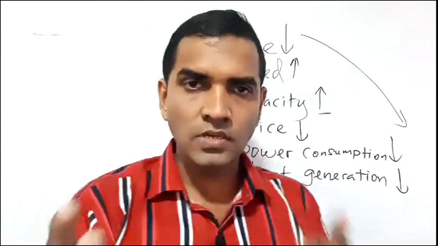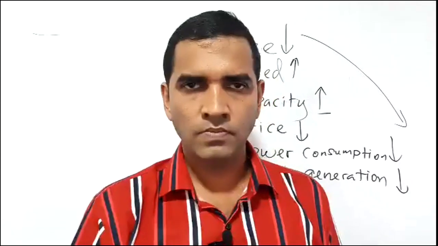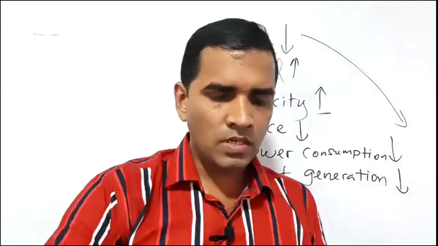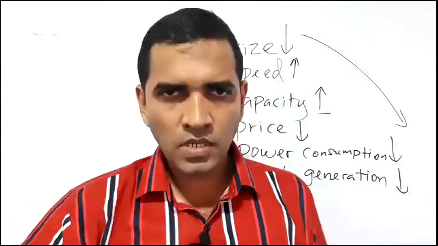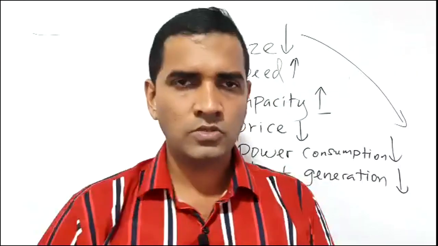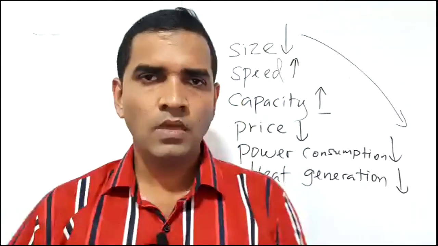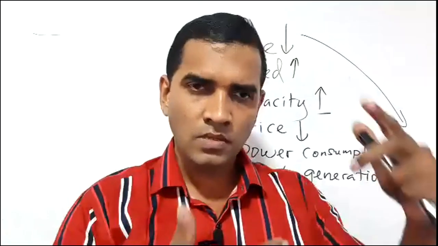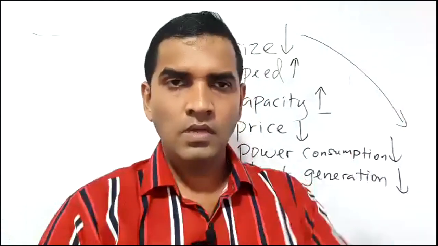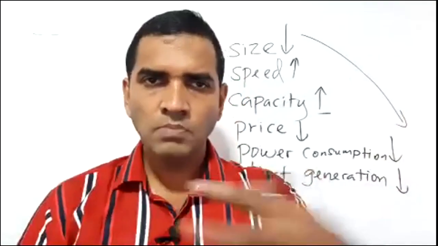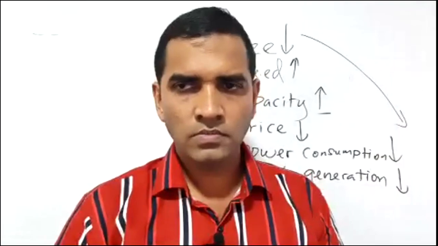A generation spans years, maybe around 5 or 10 years. From generation 2 to generation 3, again the size further reduced. Have you got it, right? That's why I called it a gradual reduction. Step by step, that reduction was there.